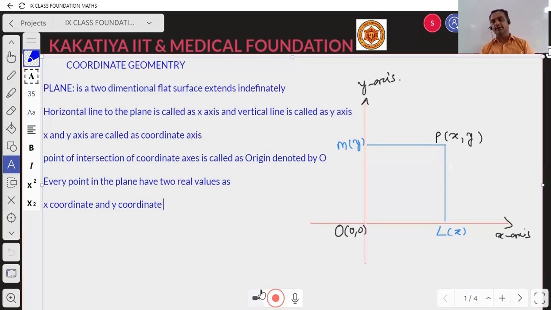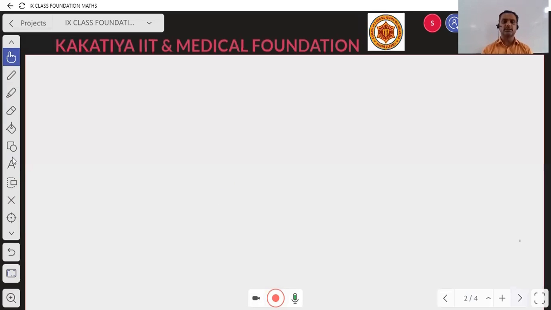Right, x coordinate and y coordinate. That means if I give you two real values, I can show you a point on the coordinate plane, doesn't it? Fine. Having discussed that, let us see how a point looks in the coordinate plane. Okay, how do we find the distance between two points? That's going to be our next concept.